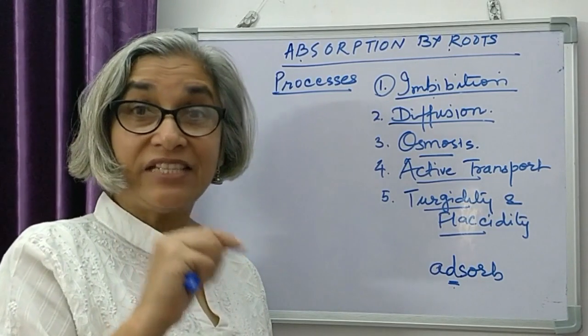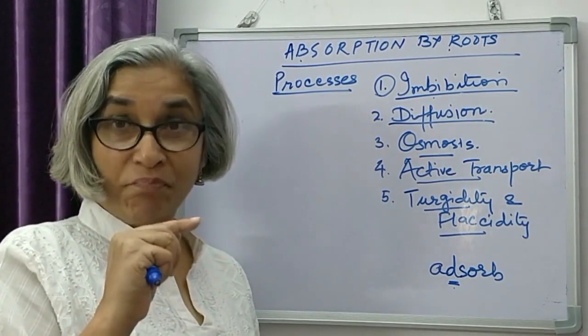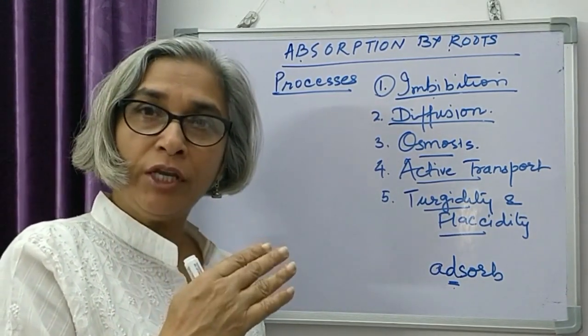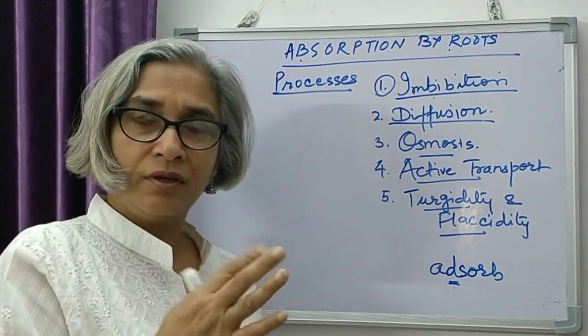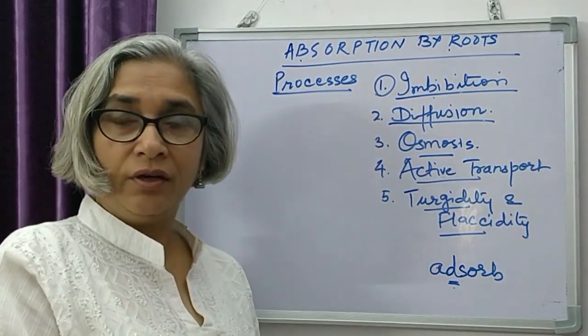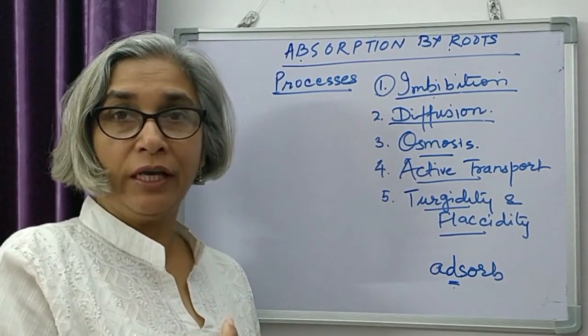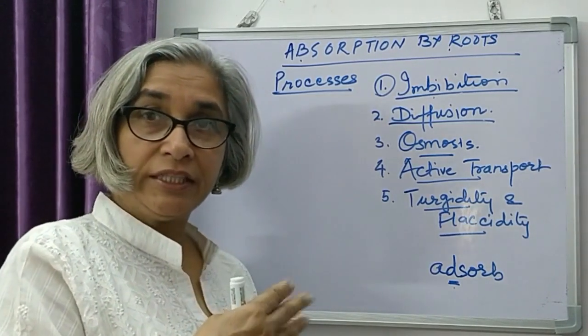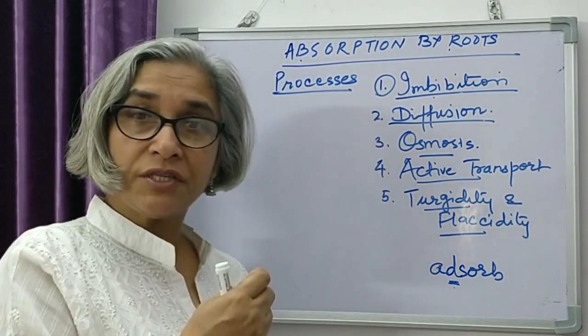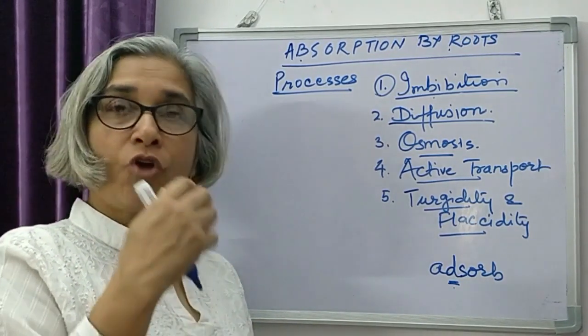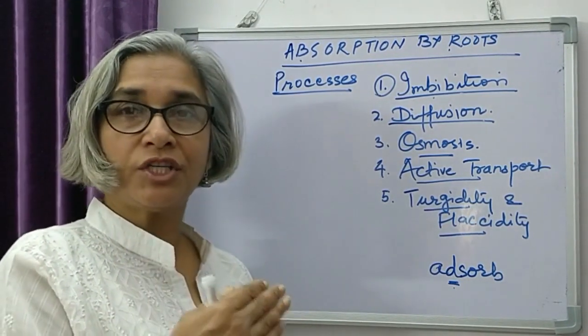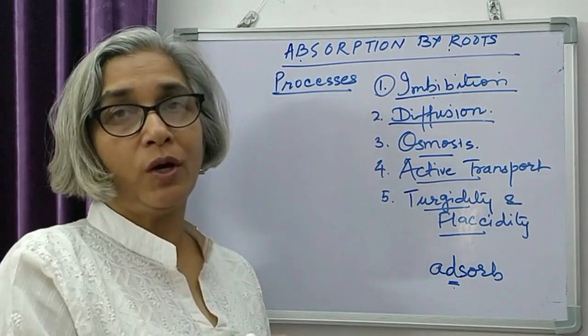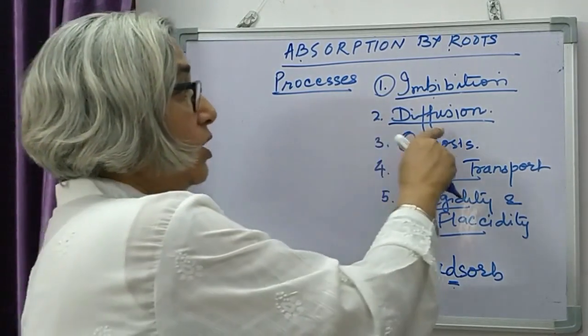So this is diffusion, which means movement of molecules of any substance, be it solid, be it a gas or a liquid, from a region where they were more concentrated, or we say from a region of higher concentration to a region of lower concentration. That is what is diffusion.